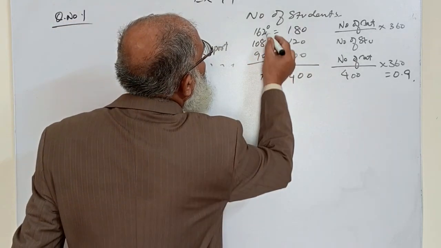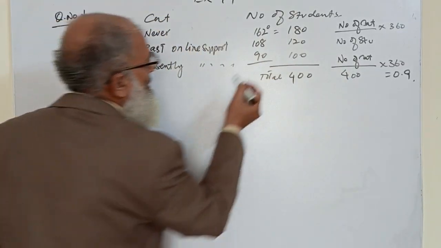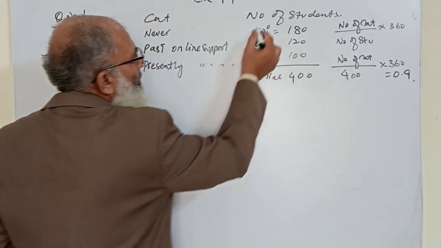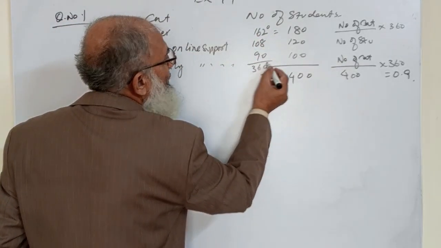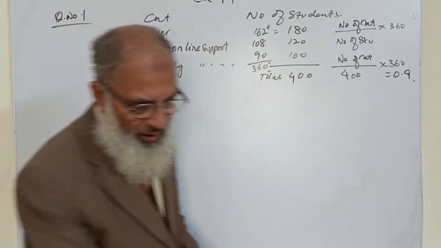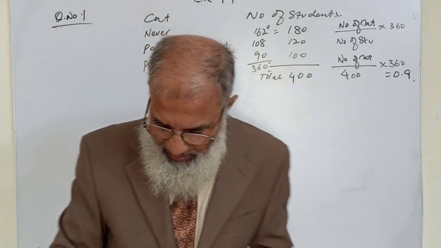So if you add these, it should become 360. 0, 6, and 360. Now you see that it has become 360. So it is a simple check while going towards the pie chart.